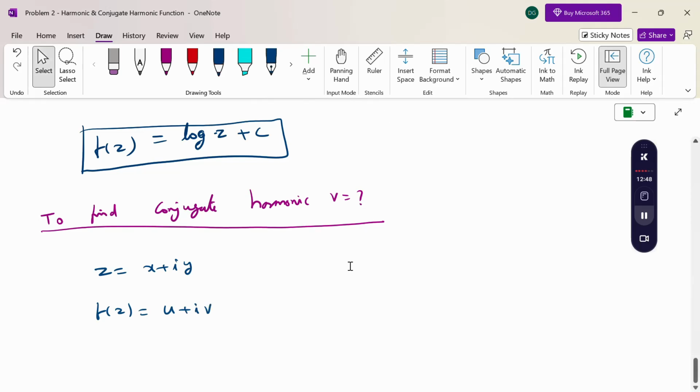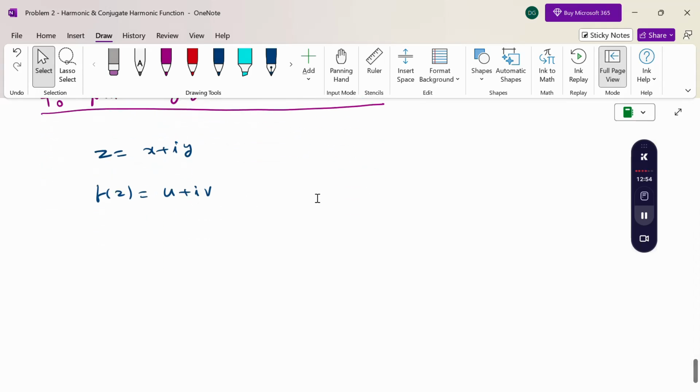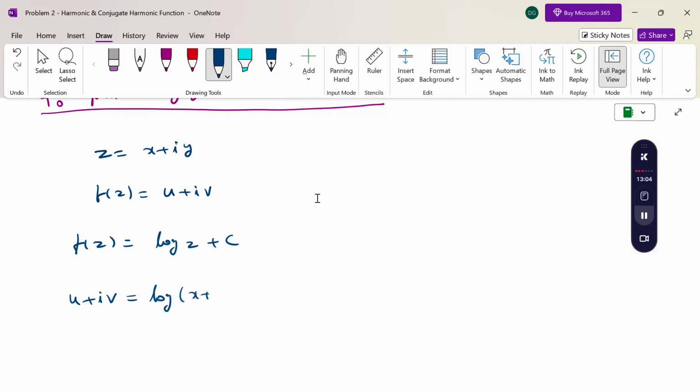So substitute the x value and the f of z value: f of z equals log z plus a constant, so u plus iv equals log of x plus iy plus a constant.